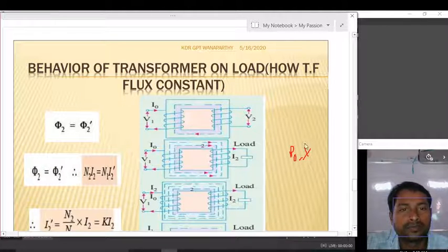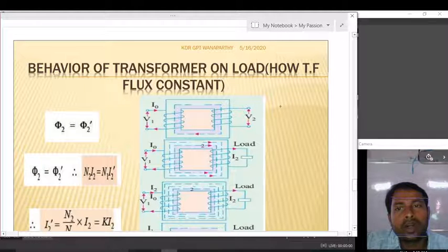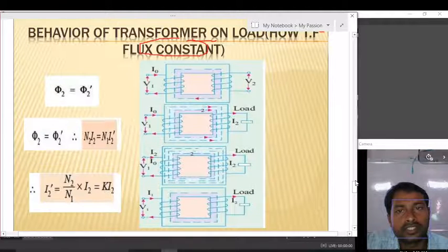Now I'm going to discuss the behavior of the transformer on load. In this discussion we will conclude why the flux of the transformer is constant. I will explain how the flux is constant in the transformer core.